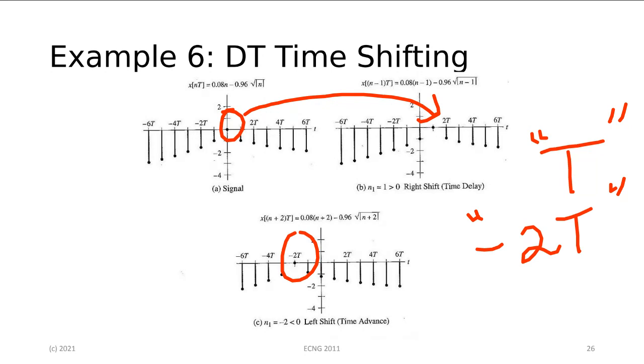Now, the funny thing about it is that delays happen in electronic circuits all the time, simply because things take time to happen. Things propagate at particular speeds, right?